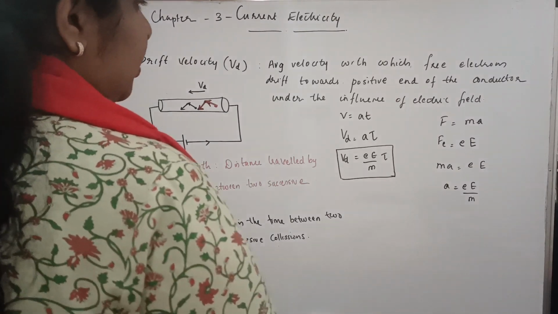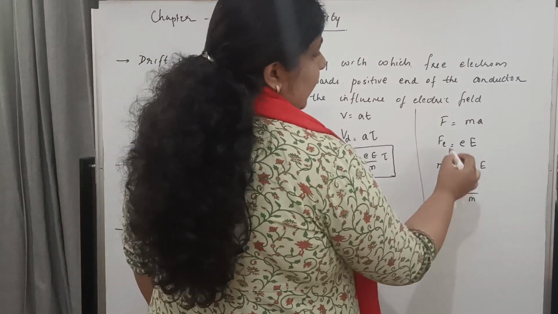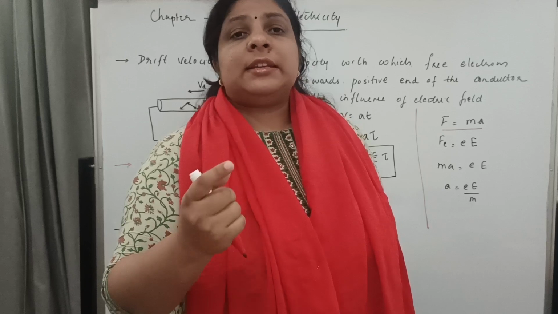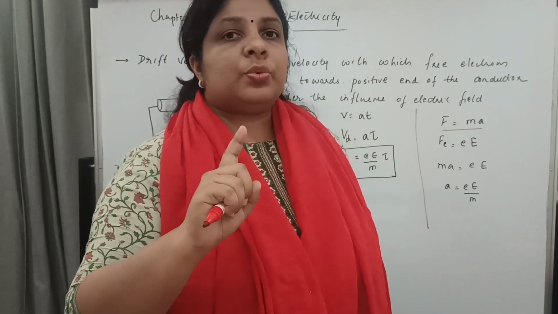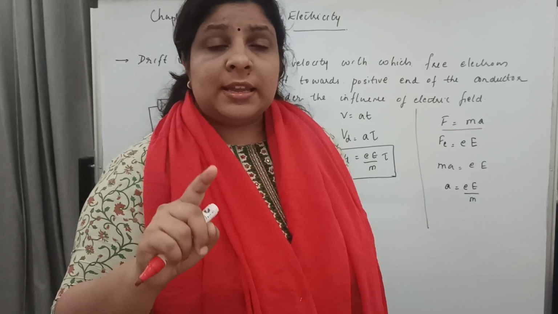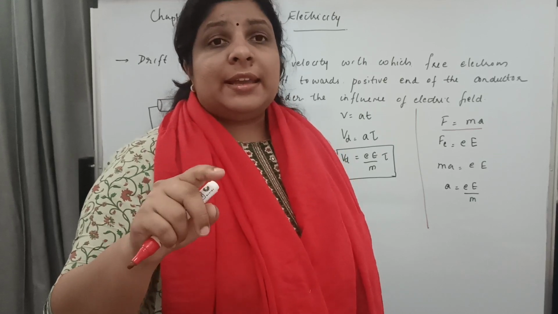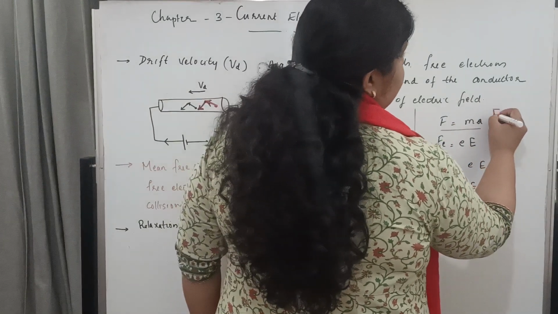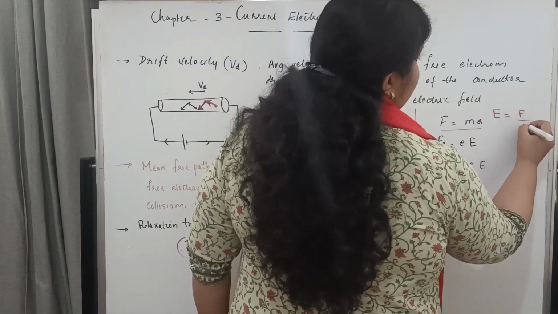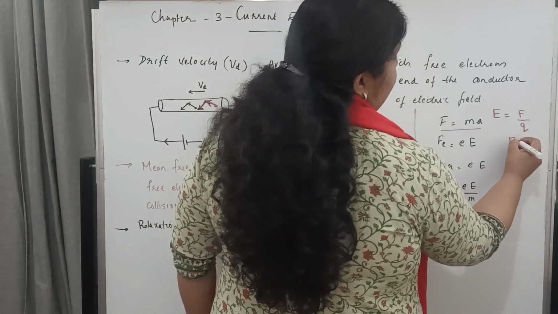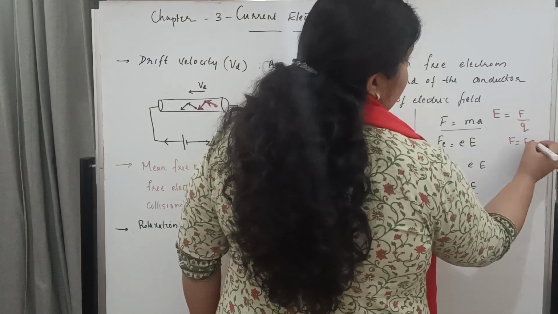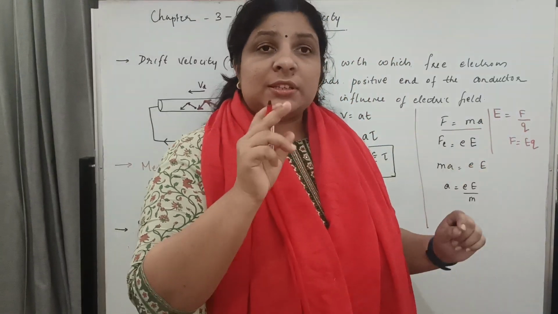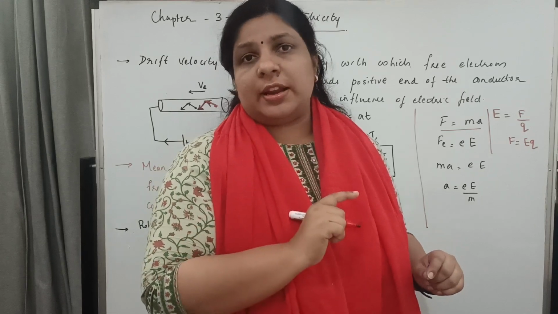We know F is equal to ma. Also in the first chapter we studied E is equal to F by Q. So F is equal to E into Q. In the case of an electron, we can represent this small q as small e, because e is the charge of an electron.